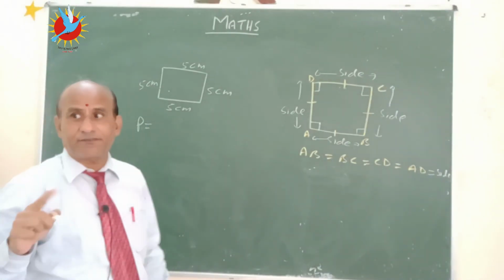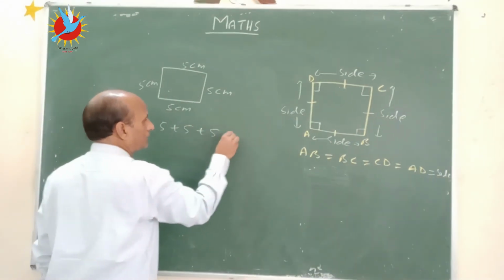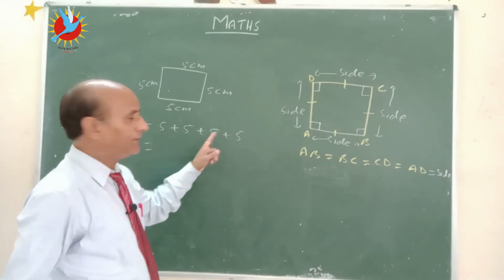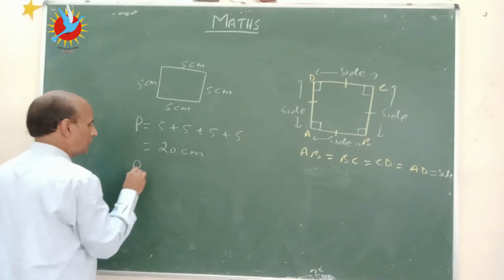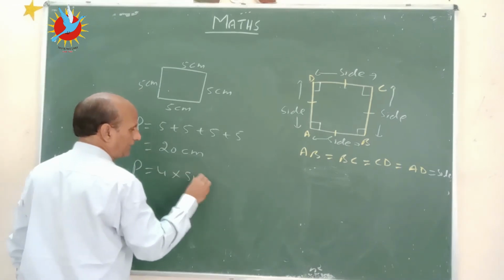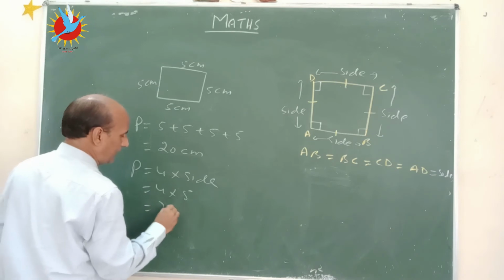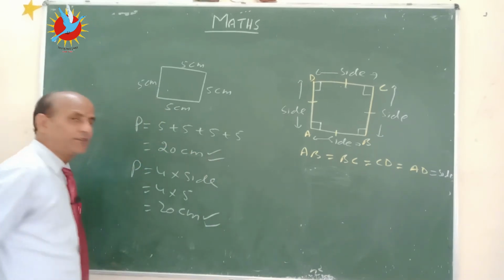And the perimeter is, either you can add 5 centimeter 4 times, 5 plus 5 plus 5 plus 5. 5 plus 5, 10, 10 plus 5, 15, 15 plus 5, it is 20 centimeter. Or you can use 4 into side, that is 4 into 5, and you will get 4 5 are 20. In both the cases, you have the same answer.